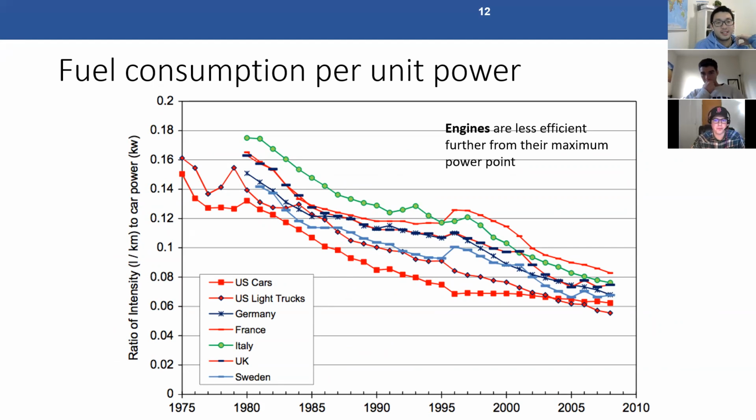Engines tend to be less efficient the further they are from their maximum power point. And so here, this nicely demonstrates that as acceleration was improving as an attribute for vehicles back in the 80s and 90s, at the same time, you had lower fuel consumption associated with those higher power.